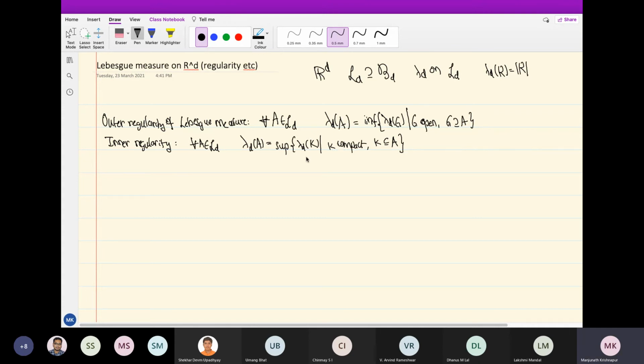But we are even saying that even with compact sets, you can approximate A from inside by a compact set so that the measure is not too small. In other words, give me an epsilon, I can find a compact set inside A such that its measure is at least lambda d of A minus epsilon. That's what it says. Okay. So maybe we prove this first. These are very important properties of Lebesgue measure.